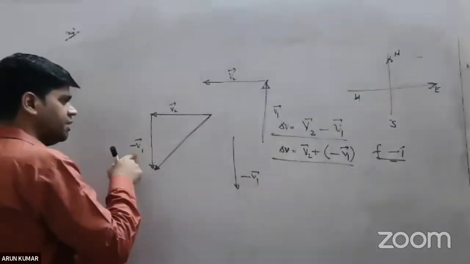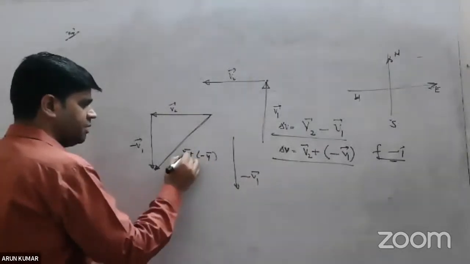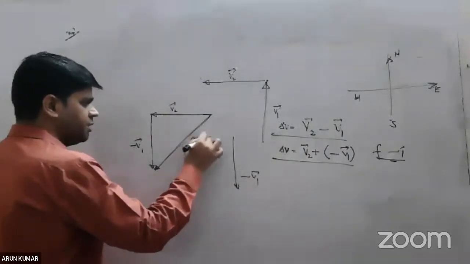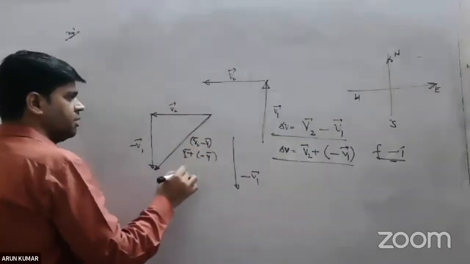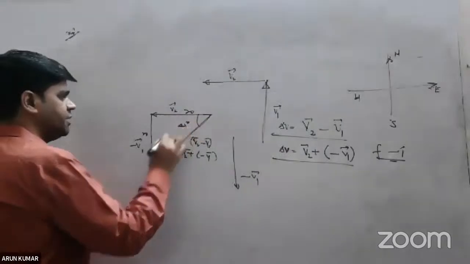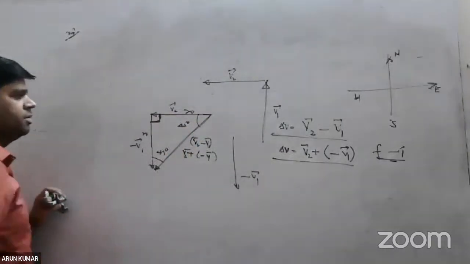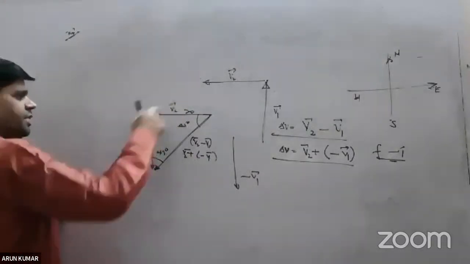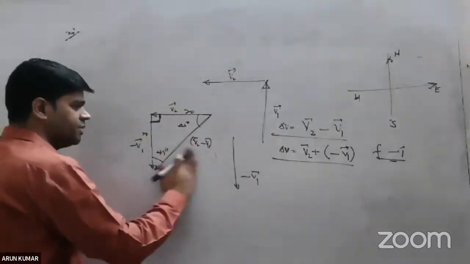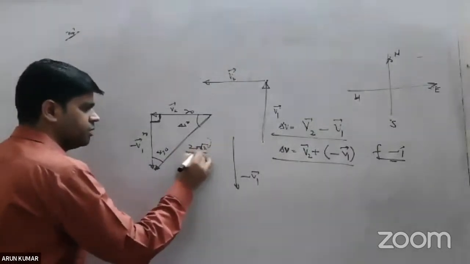The sum of v2 and minus v1 is nothing but v2 minus v1. If this is 20 and this is also 20, then this angle would be 45, in a right angle triangle. What is the length of the hypotenuse? Root 800, which is 20 root 2.